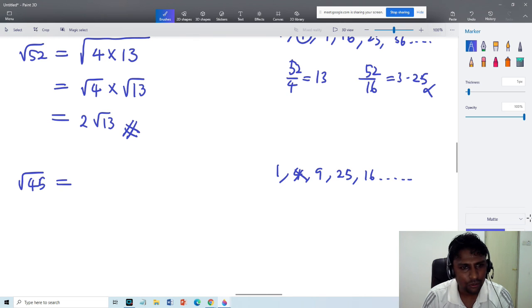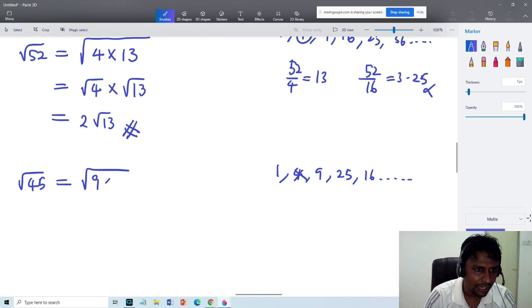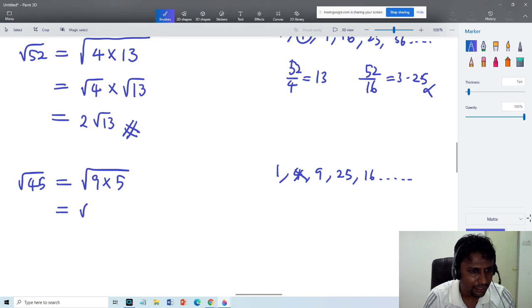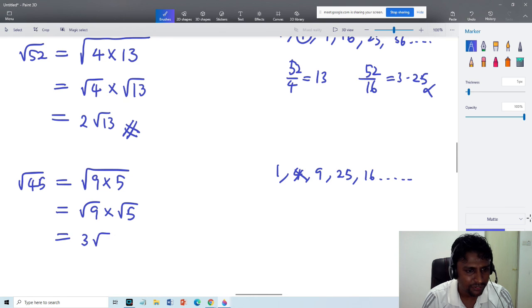We try 9, definitely can. So it's actually 9 times 5. When you do the splitting, you get square root 9 times square root 5. Square root 9 is 3, and then square root 5. So this is the root form of root 45.